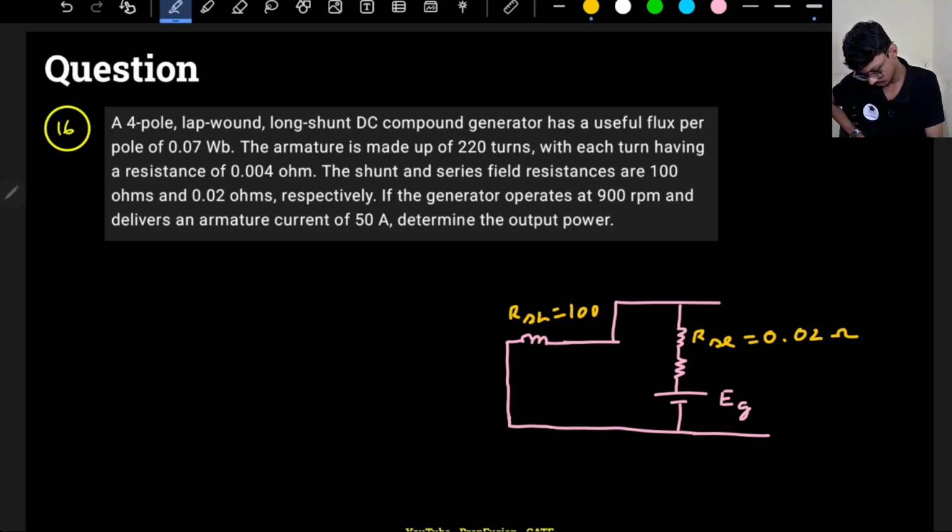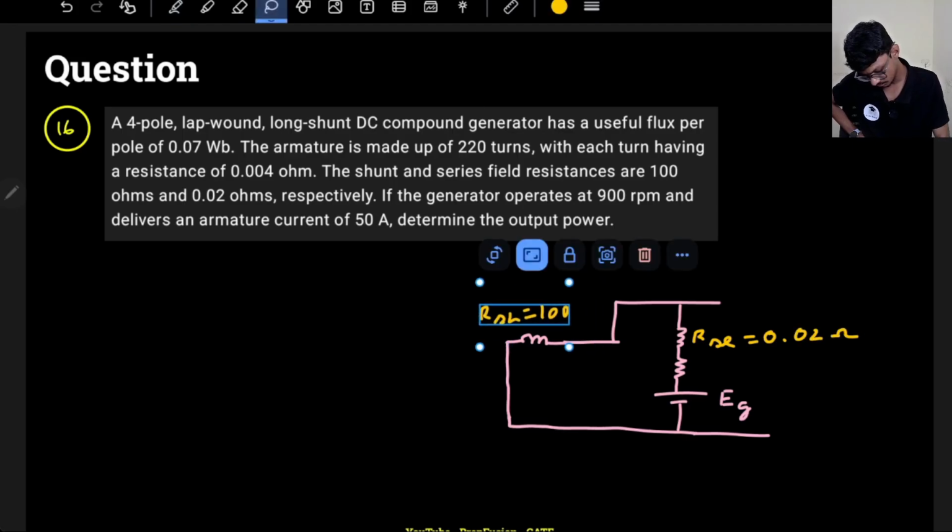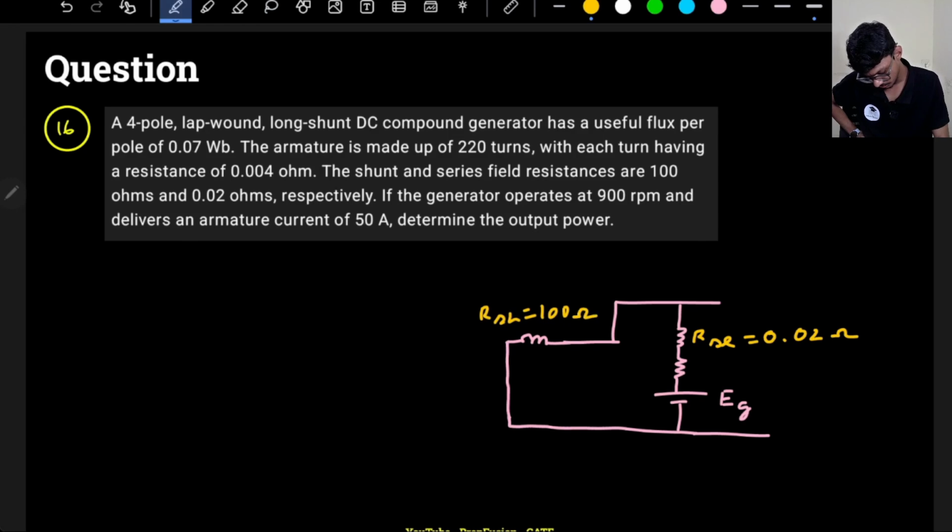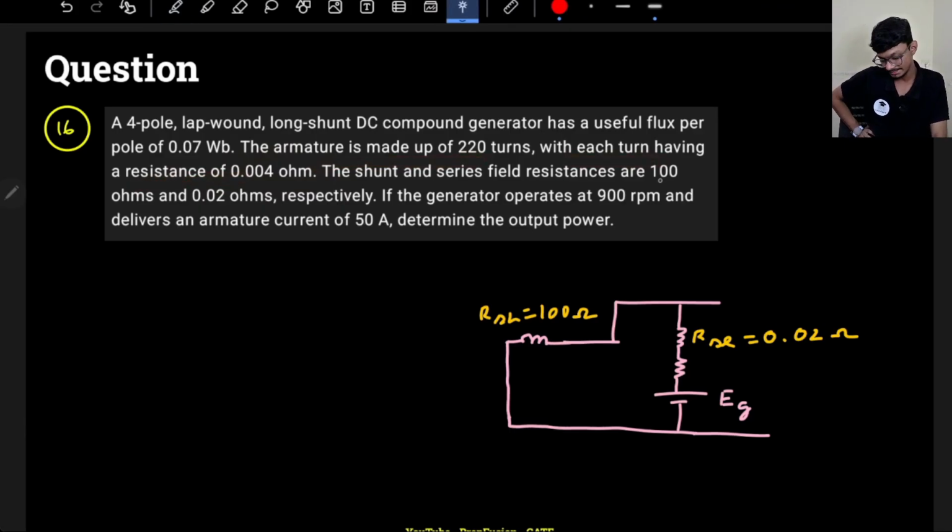My armature resistance is 0.004 ohms. Sorry, each turn has this resistance. This is not the armature resistance. The armature is made up of 220 turns, each turn has a resistance of 0.004 ohms, and it is a 4-pole lap wound machine.